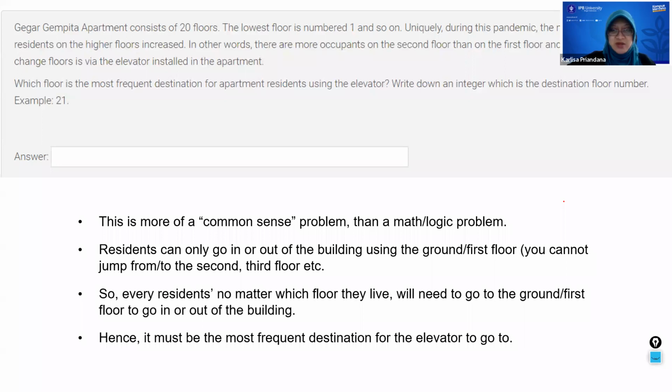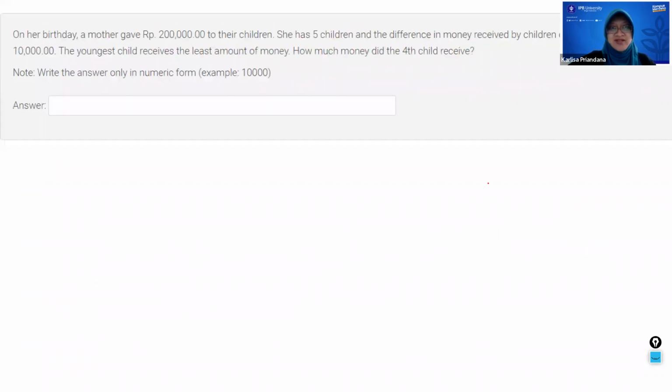So every resident, no matter which floor they live on, will need to go to the ground floor, or first floor, to go out from the building. So the most frequent destination for the elevator will be the first floor. Yeah, so the answer is 1.